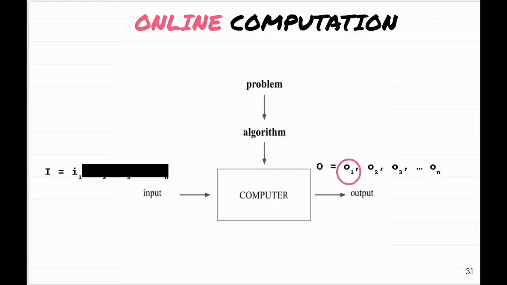So we have I sub 1 and the corresponding output O sub 1, I sub 2, O sub 2, and so on. At each time point, a portion of the input is revealed, and the algorithm must also produce a portion of the output. So your algorithm runs iteratively from 1 to n until the computation finishes.